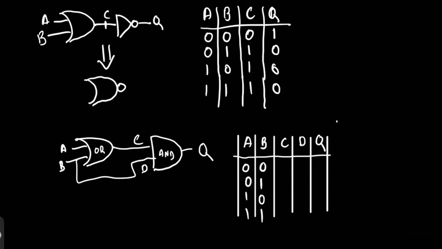Okay, so if we look, C is the output of the OR gate, right? So if the OR gate gets a 0 and a 0, C will also be 0, right? If the OR gate gets a 0 and a 1, well, it's an OR gate, so it's going to have a 1. What about the next two here? What would C be here?